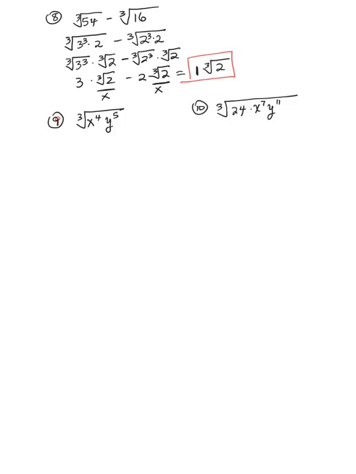And let's try another one. How about another index, like the 4th root of 80, y to the 14th. And number 12, the 5th root of 32, x to the 10th, y to the 6th, z to the 7th.